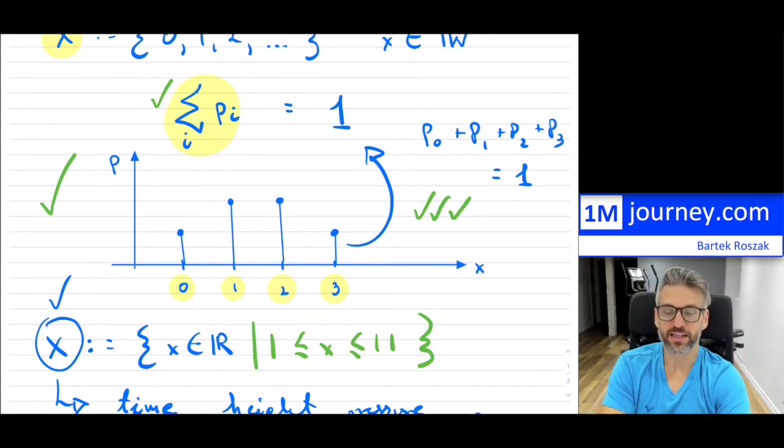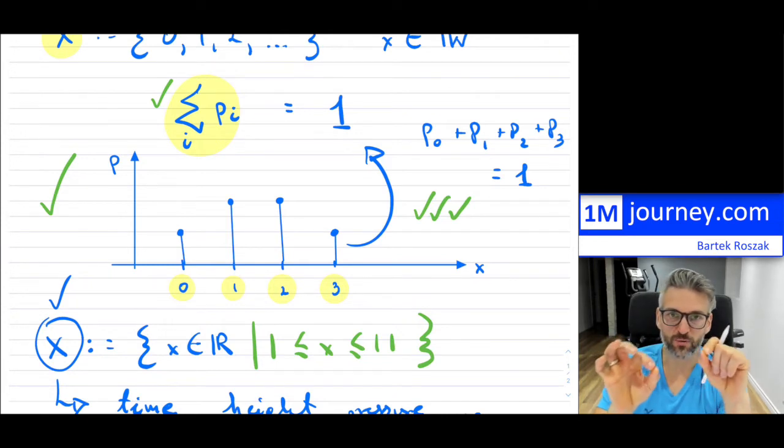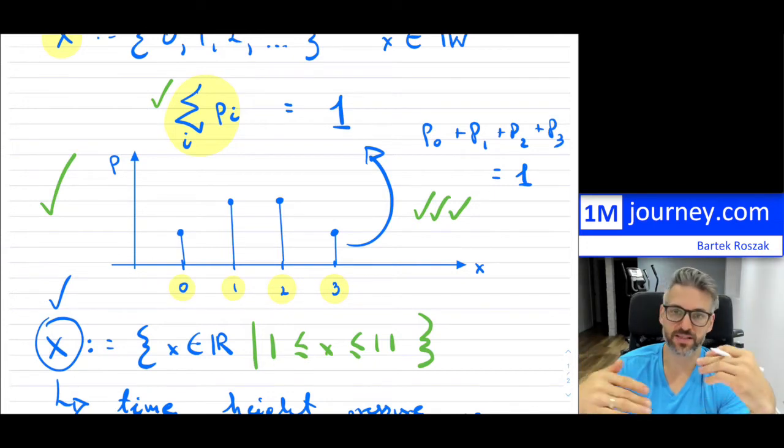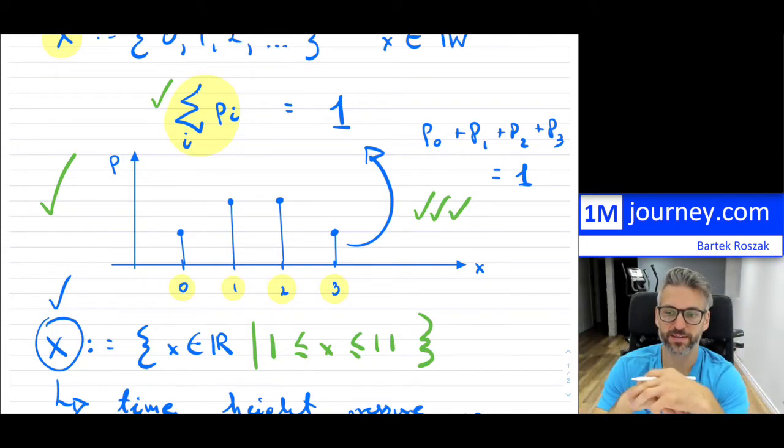Because now you have an infinite number of values that your random variable can take on. So we can't just sum them up individually, one by one, because there's infinitely many of them. It's continuous, it's real numbers. So we do run into a problem within this. There has to be some way of doing that.